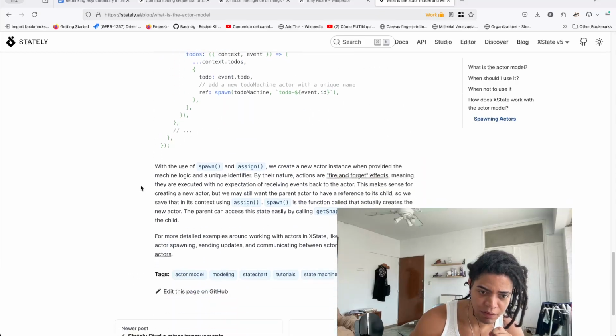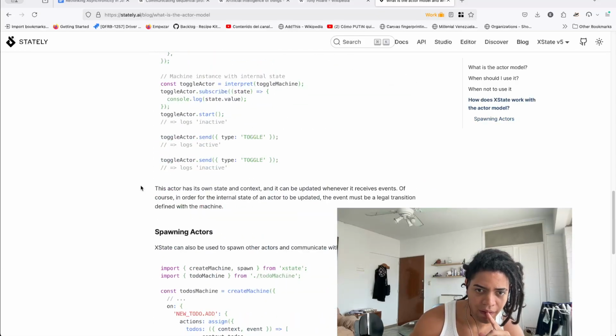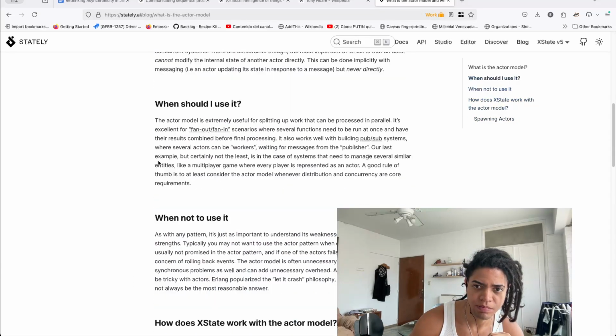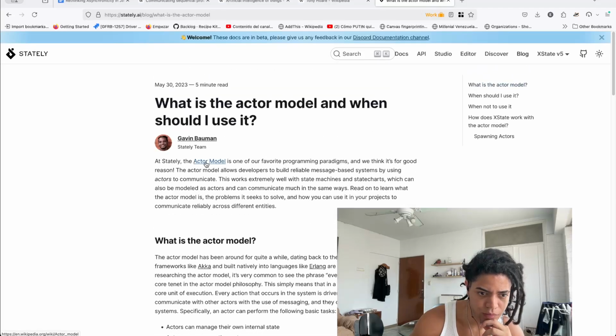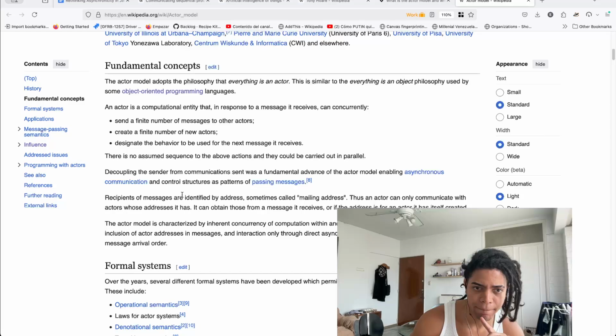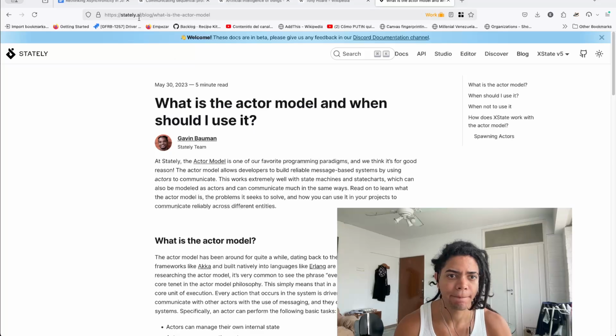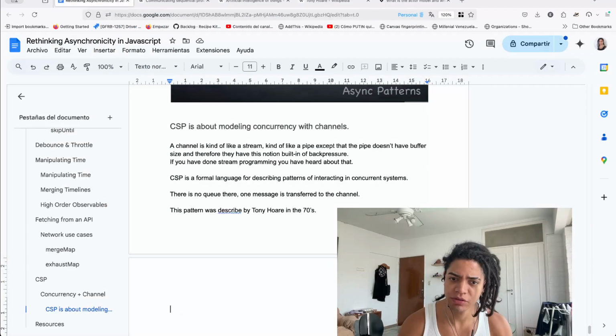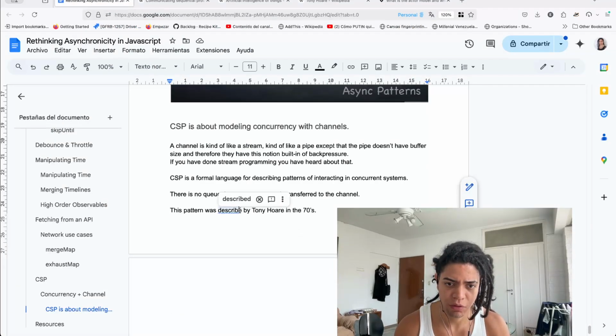From their blog. The actor model. But you mentioned something here.